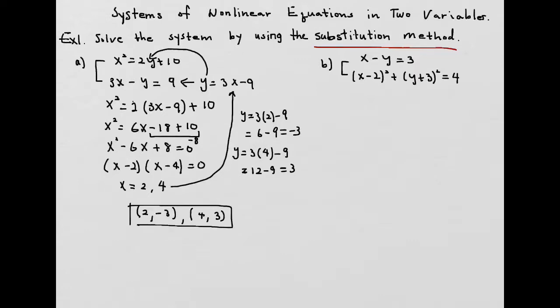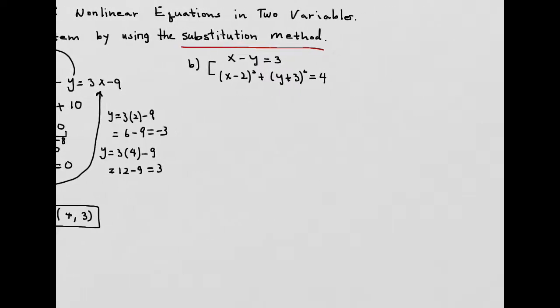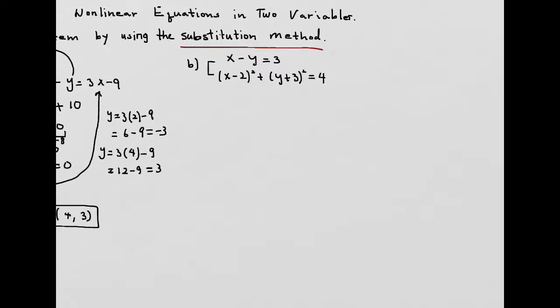For that problem. We're going to try another example. This time, like I mentioned, we have a linear equation and we have a circle. Right, so let's see. I'm going to solve the linear for the x variable.